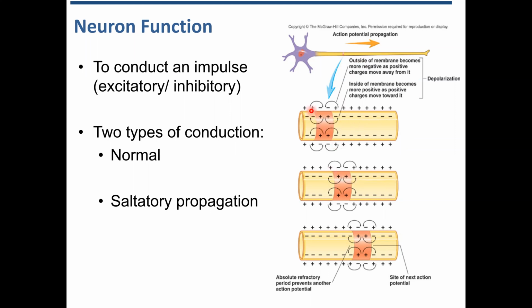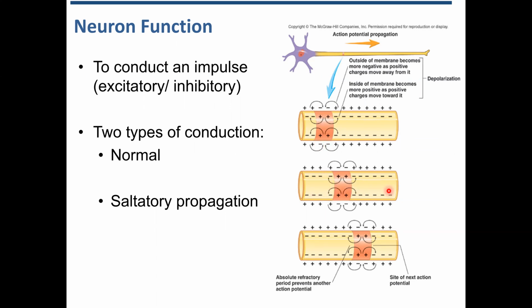So positive charges go in, negative charges go out, and this creates the movement of charged particles. So it creates electrical current that is called action potential over here. So neuron function is to conduct an impulse. So that's the impulse, and you see how it moves from one part to another.